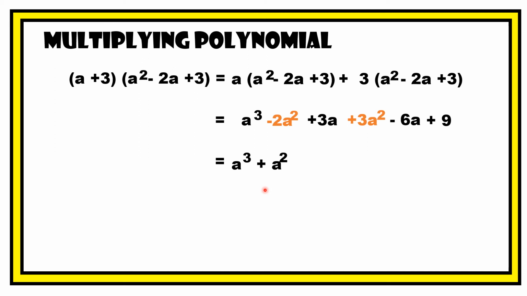So, we have positive a squared. Next, yung 3a, similar siya kay negative 6a. So, combine natin. So, we have negative 3a. Then, copy positive 9. So, ito yung final answer. A cubed plus a squared minus 3a plus 9.